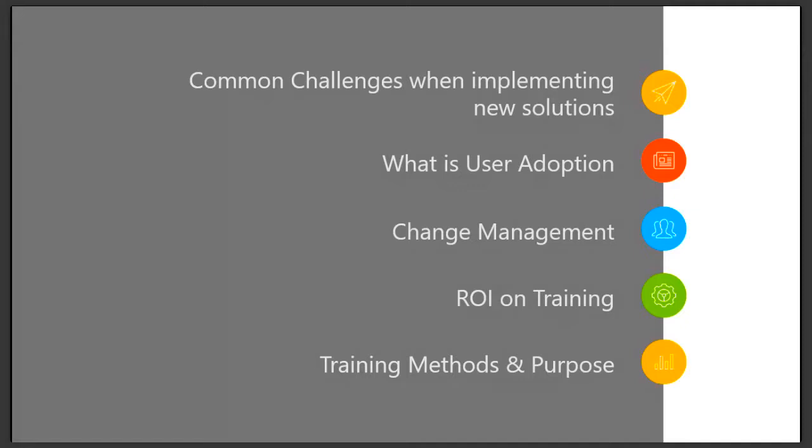I'm going to be talking about change, and then we're going to look at the ROI on training. I think that's one of the most difficult things for companies to actually calculate, because it's not a very tangible thing to do. And then training methods and the purpose of training, which is something very important for me.